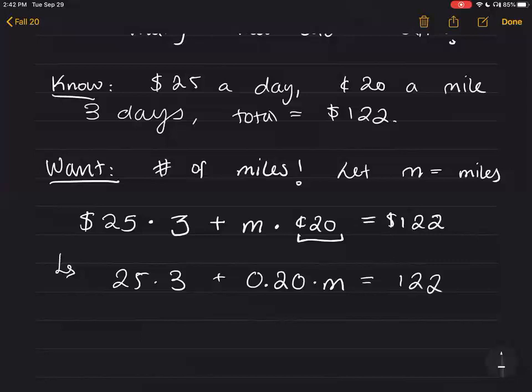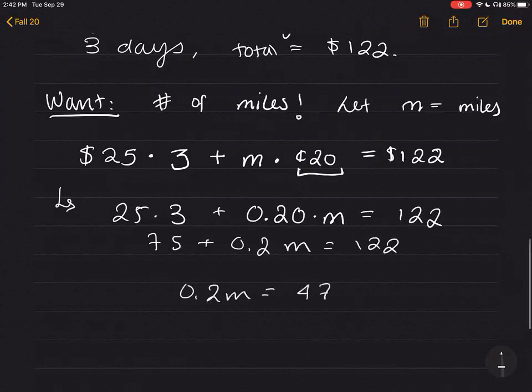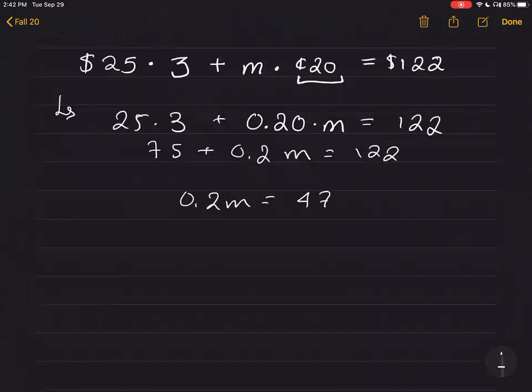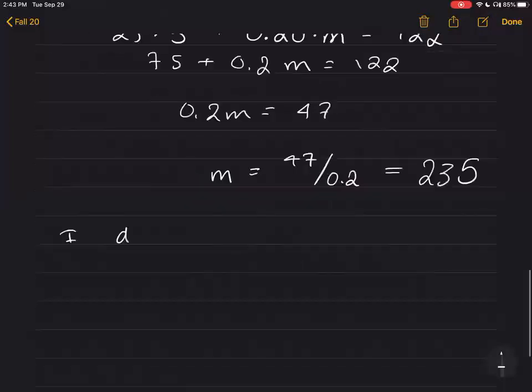Now we can solve for m pretty easily. 25 times 3 is 75, so 75 plus 0.2m equals 122, then 0.2m becomes 47, and we divide both sides by 0.2. We get m equals 47 divided by 0.2, which comes out to 235. So I drove 235 miles. Cool.